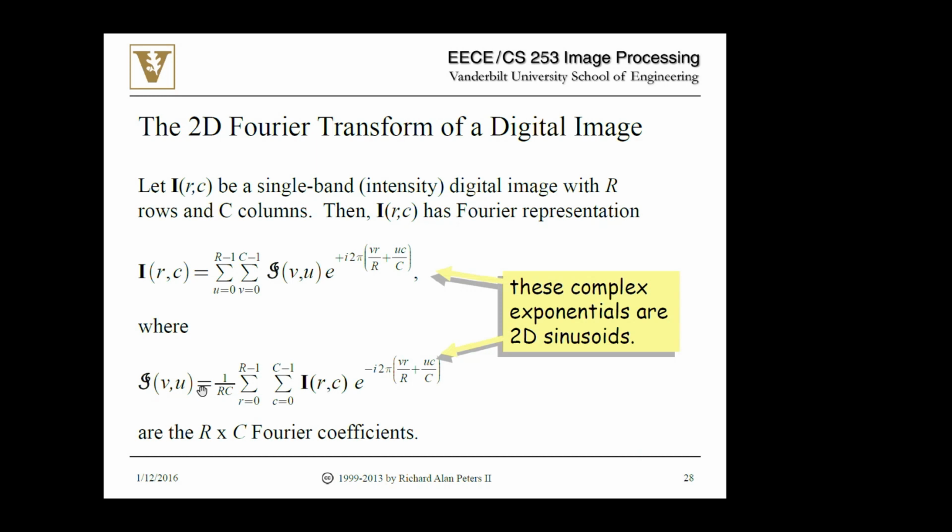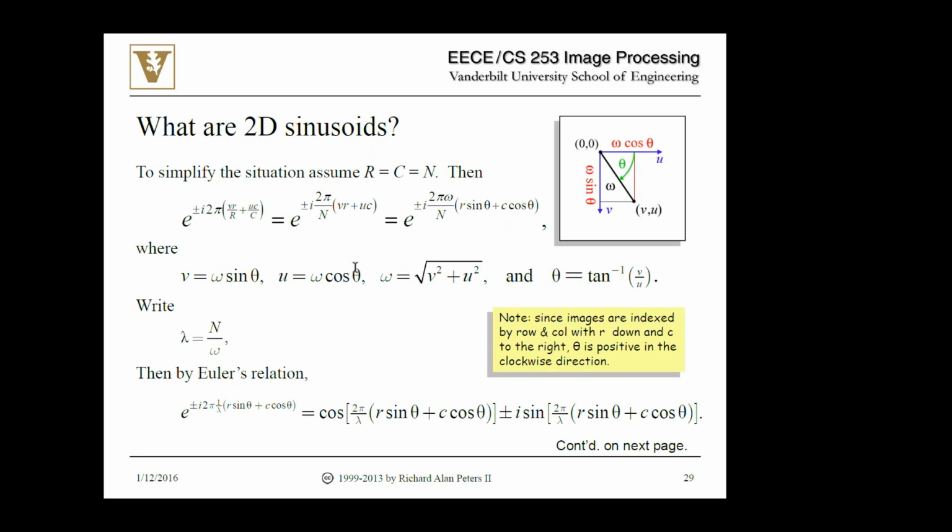Now we understand this term. This term is to make these complex bases unitary, so to have unit norm, and then you recover it.